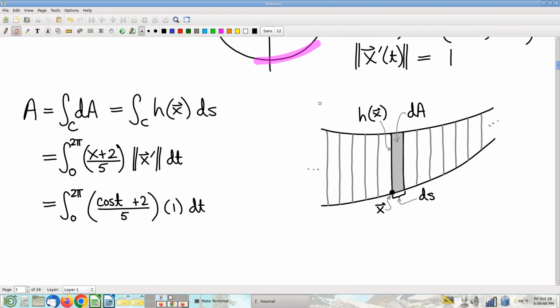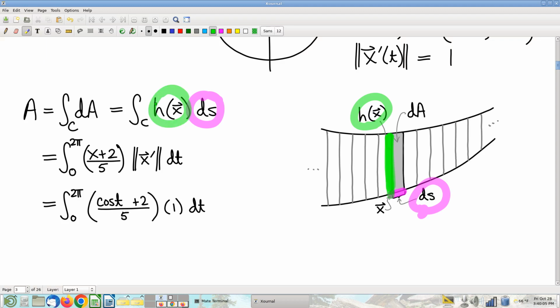If I focus my attention now on just a little bitty piece of fence of length ds, I've got a formula, H, that tells me how tall the fence needs to be there, and height times width gives me area. That makes sense to everybody?